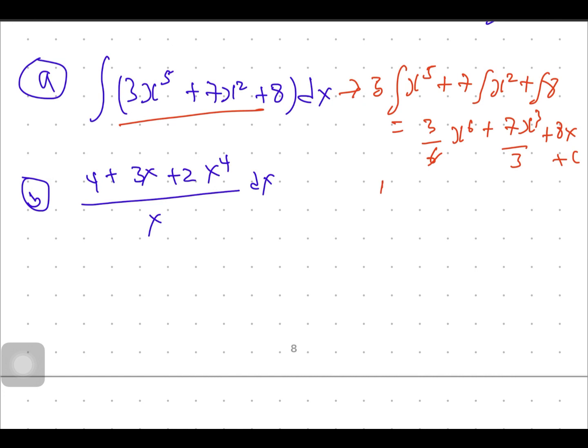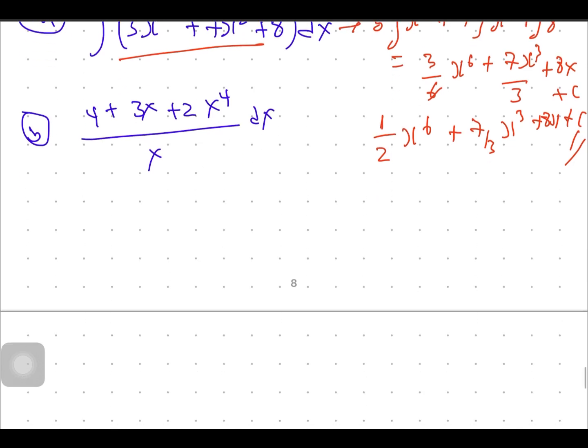Don't forget the c. So here we are going to get 1 over 2 x power 6 plus 7 over 3 x power 3 plus 8x plus c. So this is our final answer for this.